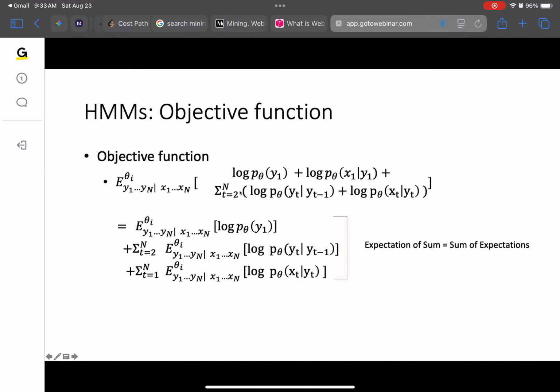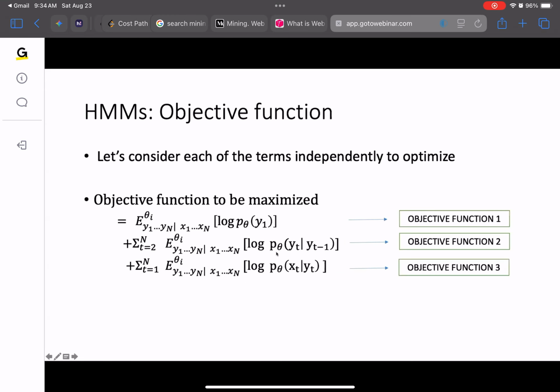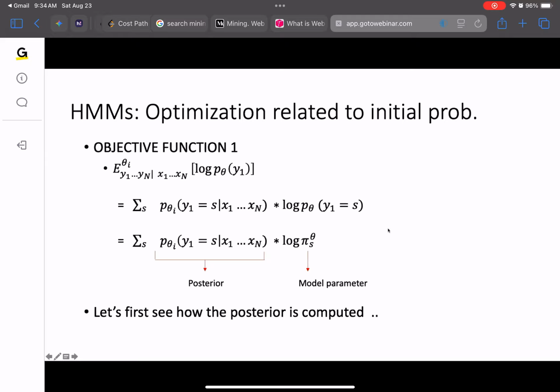So we can split this expression to compute each parameter separately. There are 3 parameters: first, the initial probabilities, then the transition probabilities, and the emission probabilities. We can compute the 3 objectives separately. So this is objective function 1, 2, and 3. Let's first consider objective function 1 and optimize it to find the estimate for the initial probabilities.